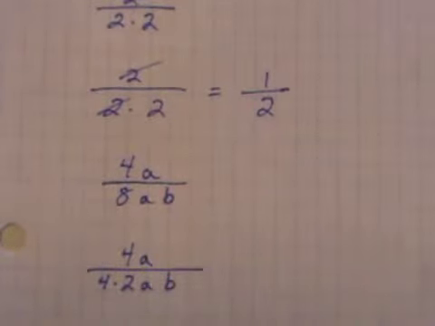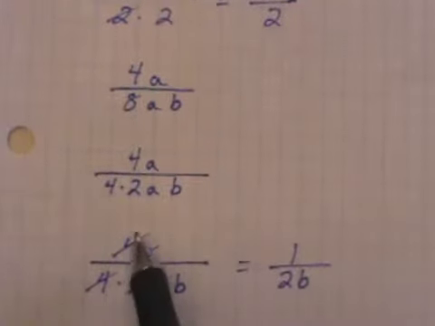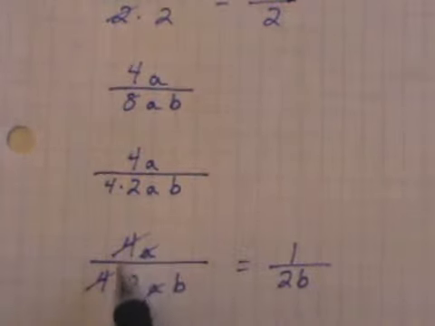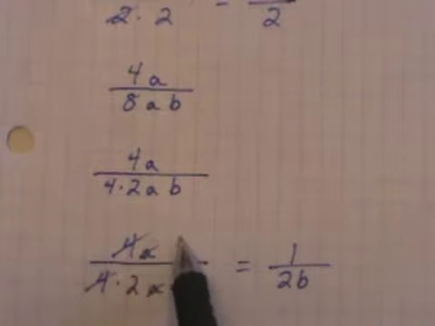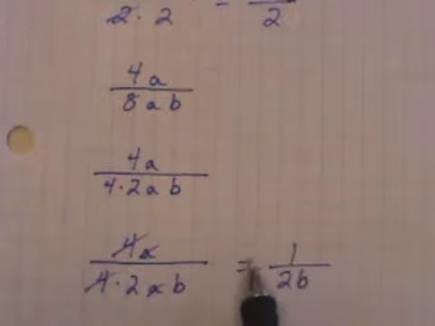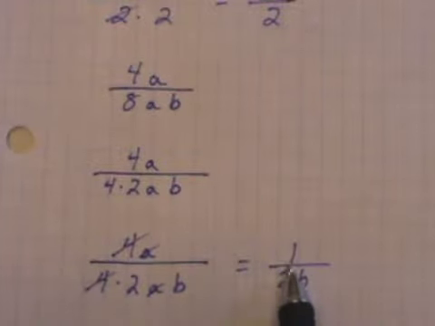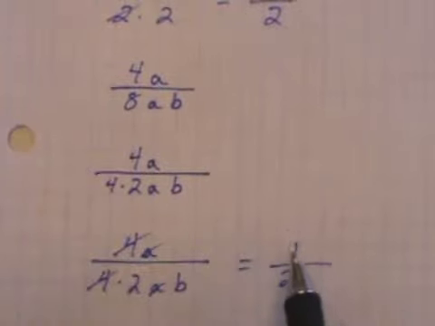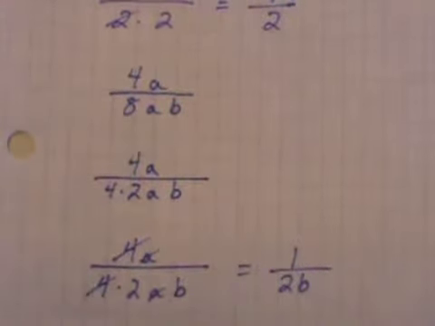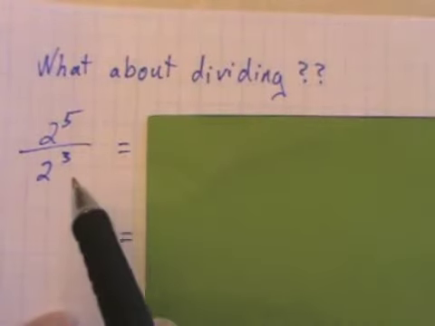And once you have things that way, it's pretty easy to see. You can cross out the 4 in the numerator with the 4 in the denominator. You can cancel out your a's. You are not left with 0 in the numerator. You're left with a 1, and you're left with a 2 and a b. So this whole fraction, 4a over 8ab, is equivalent to 1 over 2b.